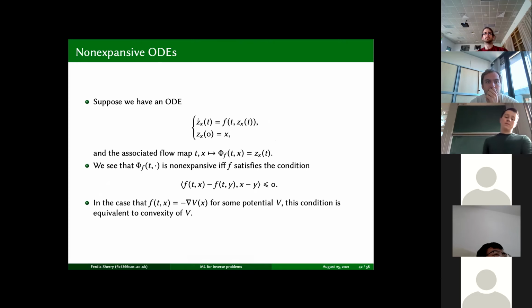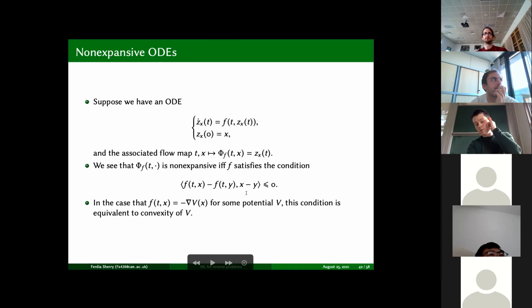So sort of the basic idea is we have this ODE flow, and it's well known, and you can see quite easily just by a Taylor expansion, that this flow map is going to be non-expansive if and only if we have this monotonicity condition.